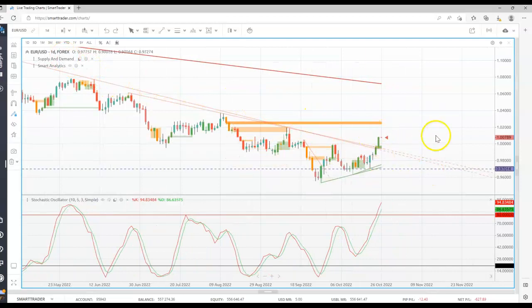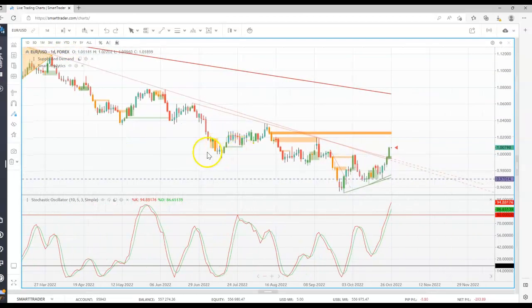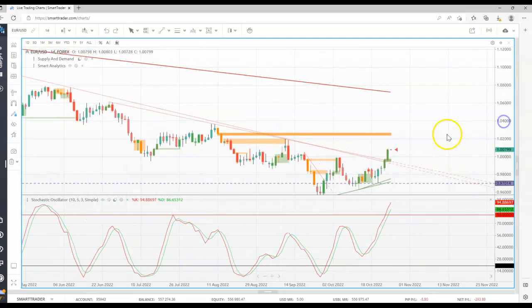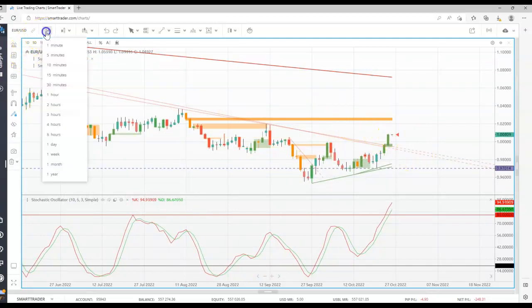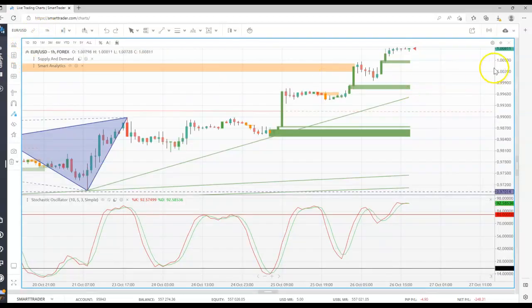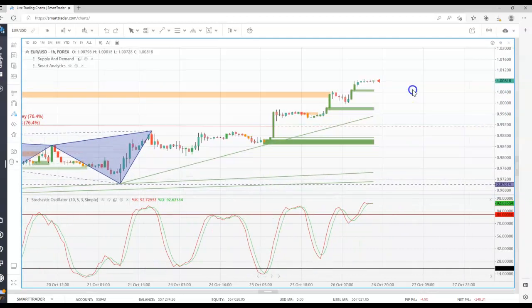Daily chart trend line, we are no longer in a downtrend on Euro dollar. So we don't want to take trades. We do not want to chase it. So we're going to be looking for pullbacks on this pair, and we use the smaller time frames for that. Okay, so rally, pullback, rally, pullback, rally, waiting for the next pullback so we can buy it.